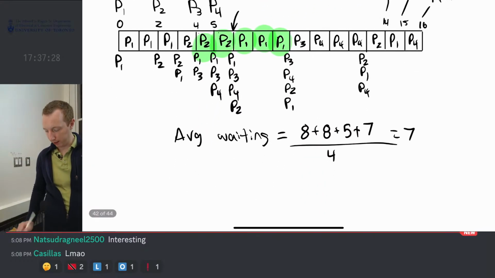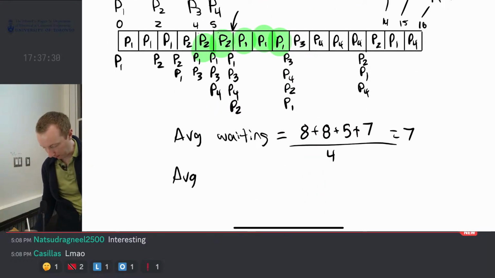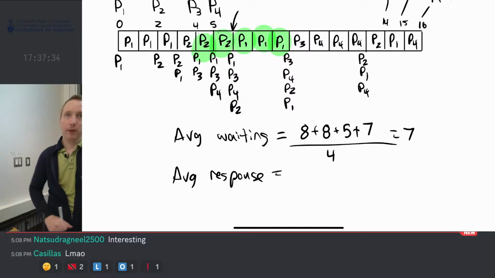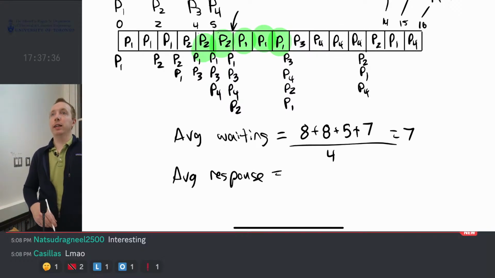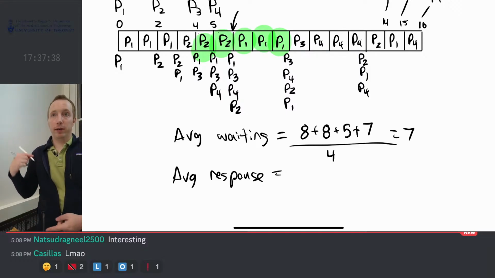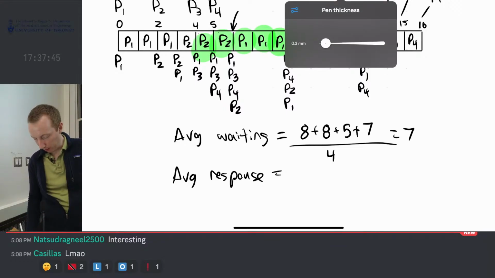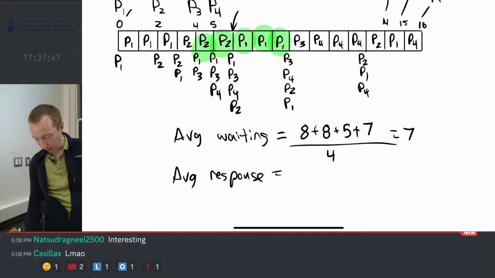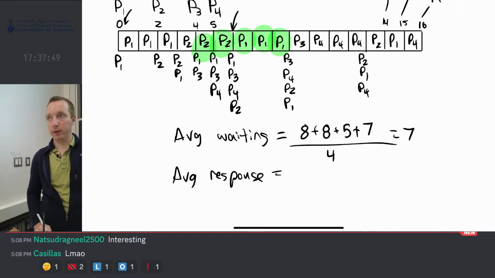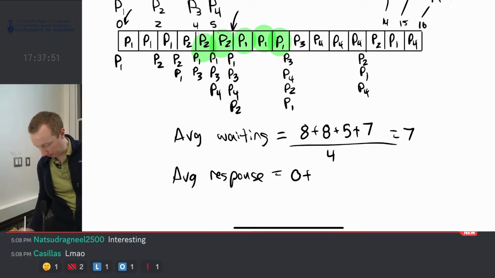So the next thing to calculate is the average response time. The response time is the time from when the process arrived to the time it first started executing. For process 1, it arrived at time 0 and started executing immediately, so its response time was 0.